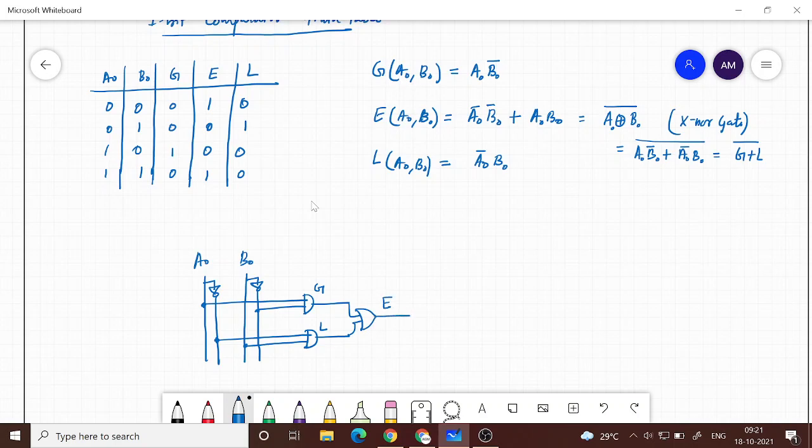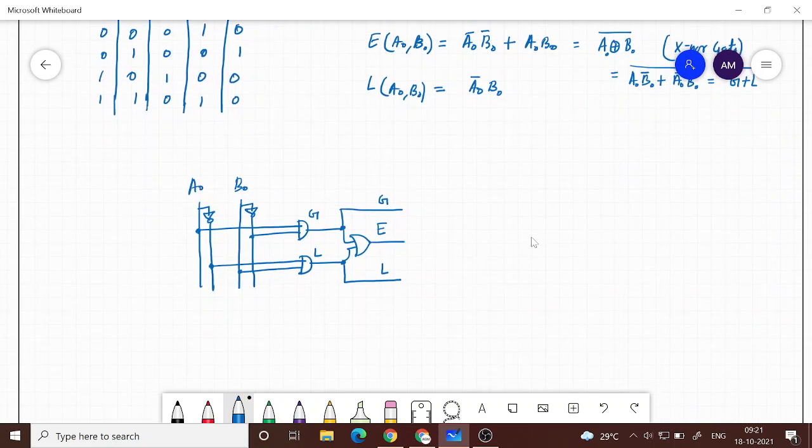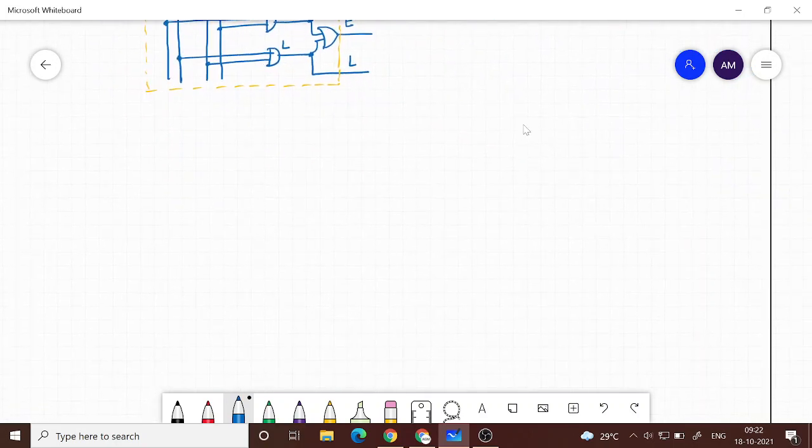So you have three outputs: the G output, the E output, and the L output. So 2 inputs and 3 outputs. Now if you want, you can put a box to compare it with the earlier black box. We have 3 outputs and 2 inputs here. So that is a single bit comparator.